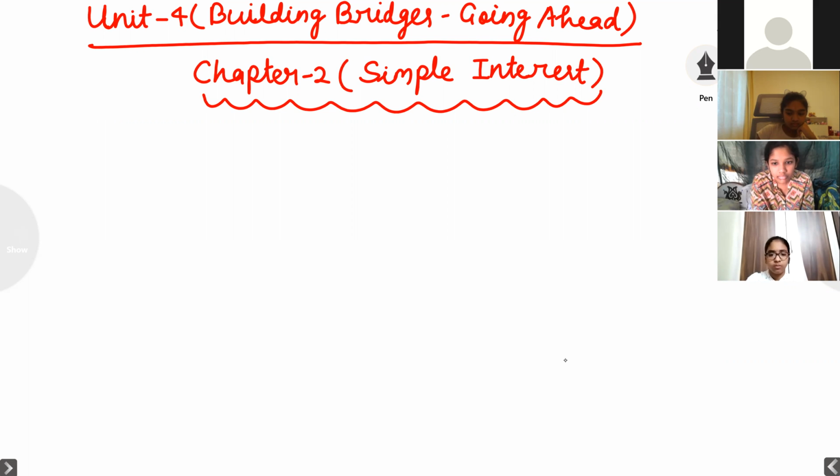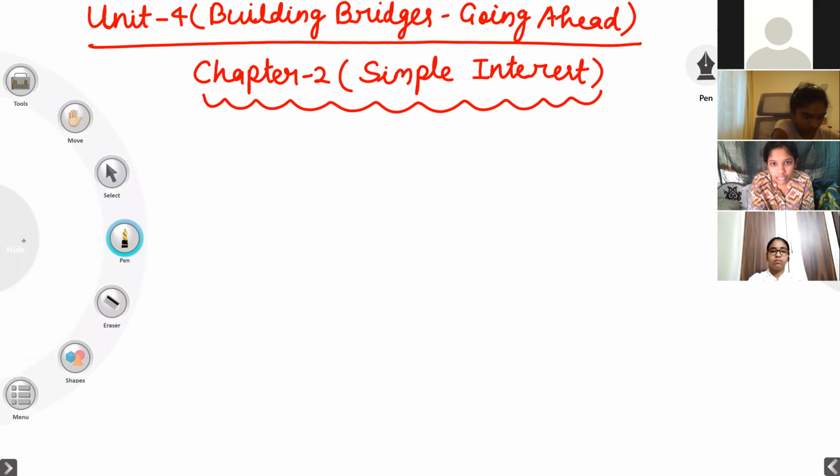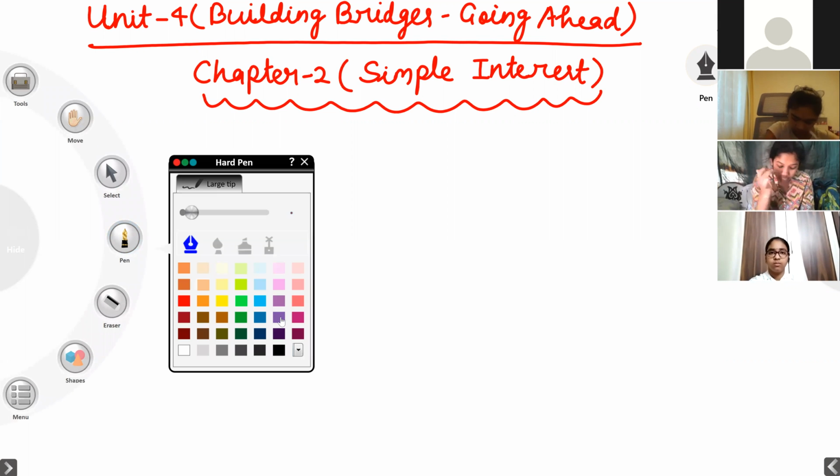Note down here first: amount. On the left side, keep the heading amount.